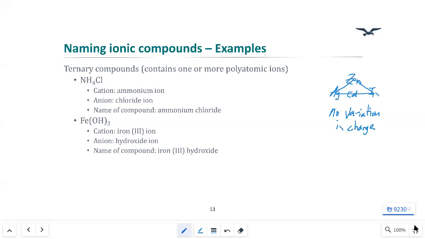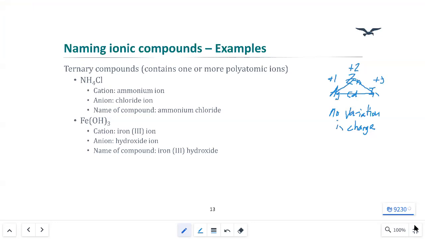So for zinc, silver, cadmium, indium, you don't need to put in a Roman numeral. They are only going to carry a +1, +2, or +3 charge.